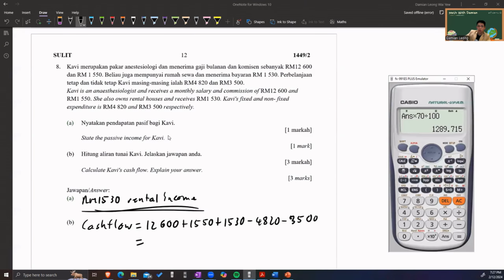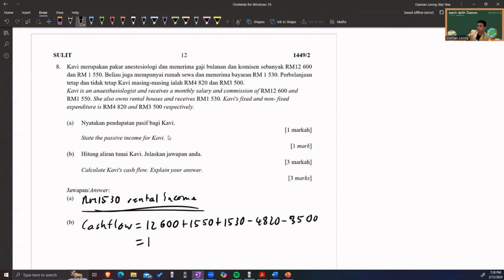So yeah, 12,600 plus 1,550 plus 1,530 minus 4,820 minus 3,500, which we get 7,360 ringgit. Yeah, that's it.